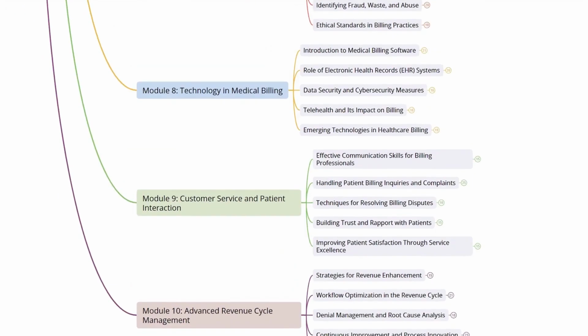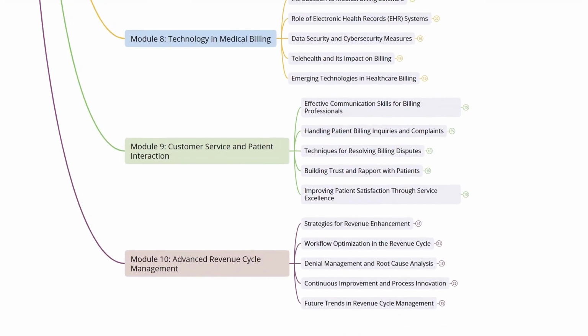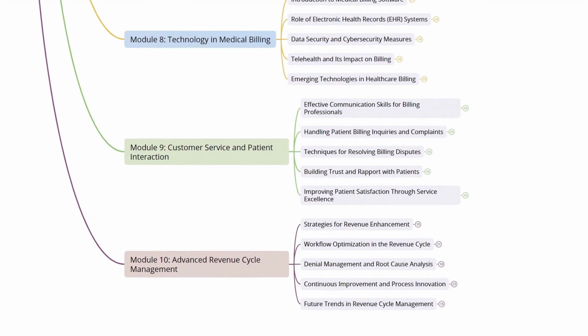The final takeaway: these advanced modules are designed to deepen your understanding of how strategic, person-centered, and innovative approaches can profoundly influence your organization's revenue and patient relationships.